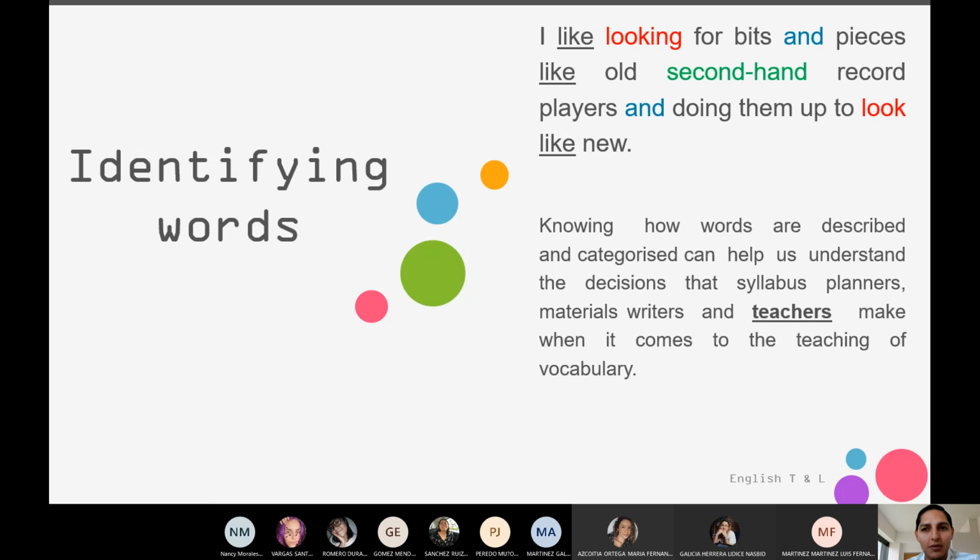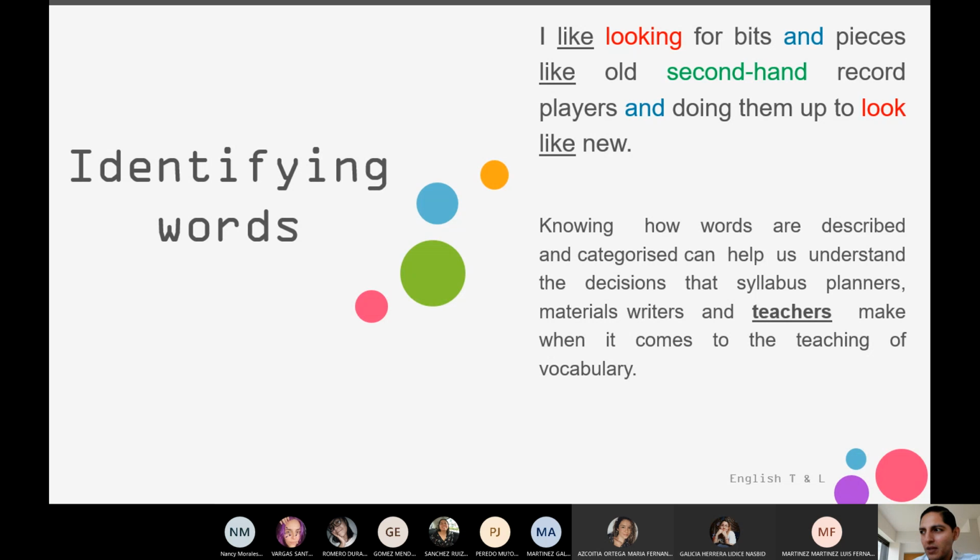You have and, to link different sentences or to list different items such as record players and doing them up, a sequence. Just like the phrasal verb do, object pronoun, up, a particle. You cannot say do up them, so phrasal verbs are also part of vocabulary.